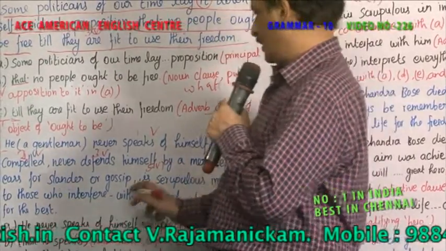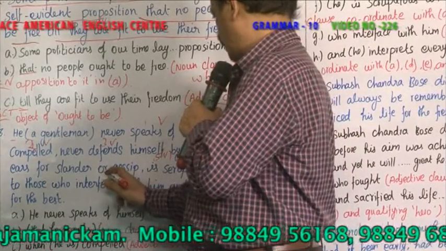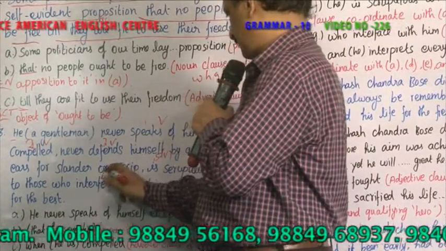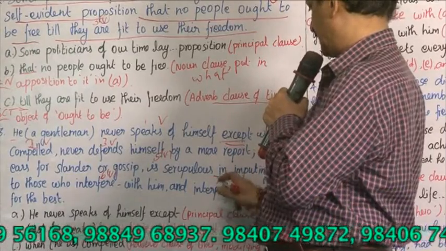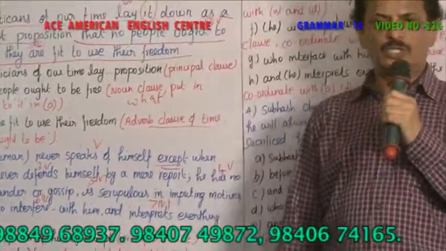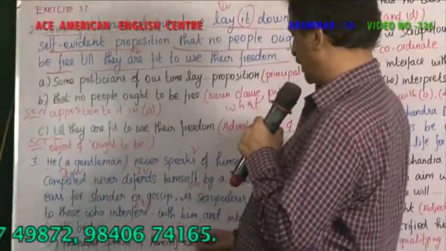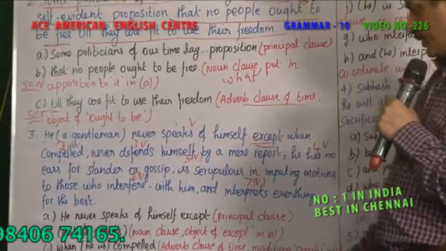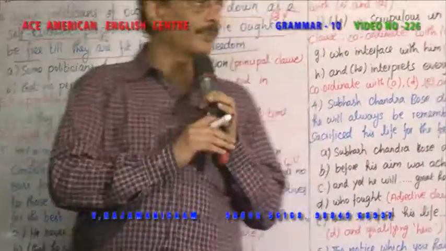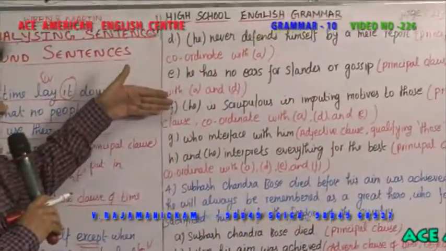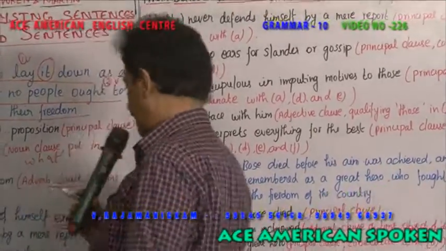Then interfere, sixth verb, sixth sentence. Interprets, seventh verb, seventh sentence. So how many sentences are there? Seven sentences are there, right? So which is the main sentence? He never speaks of himself. This is one sentence. Okay, 2, 3, 4, 5, 6, 7, 8. You have 8, not 7.